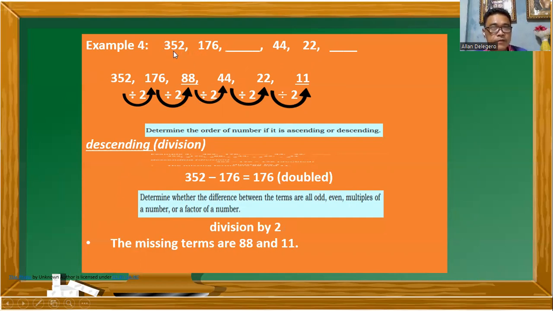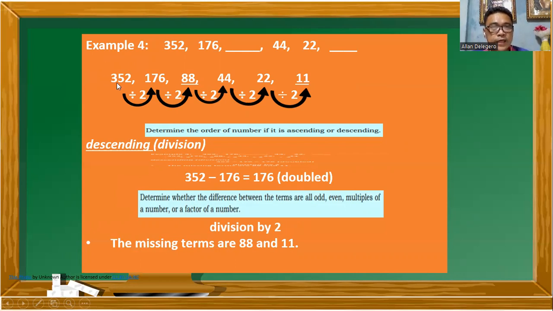So 352 minus 176 equals 176. You have noticed here that the 176 is double, meaning you have to divide it by 2.